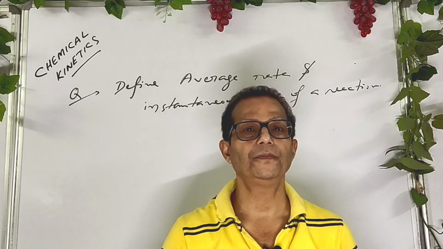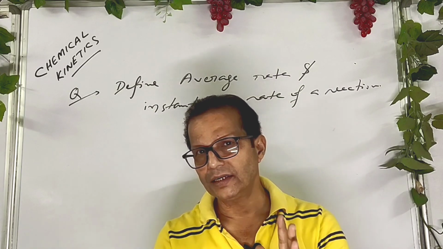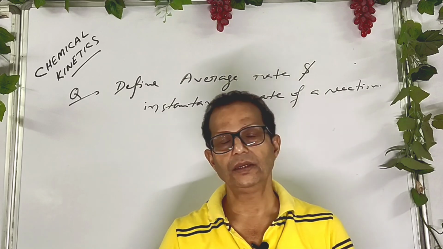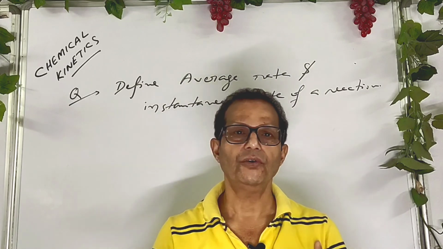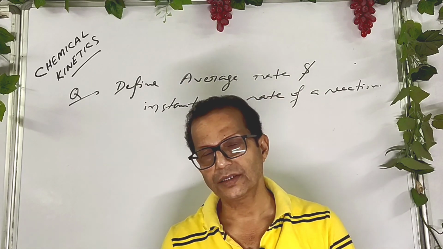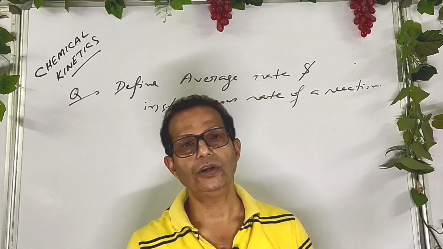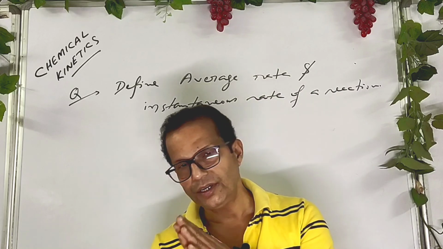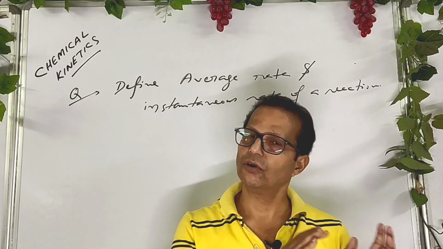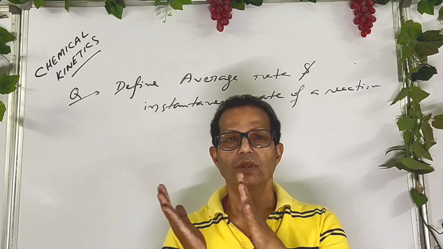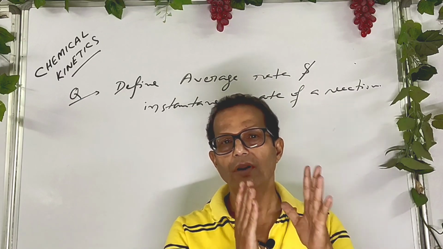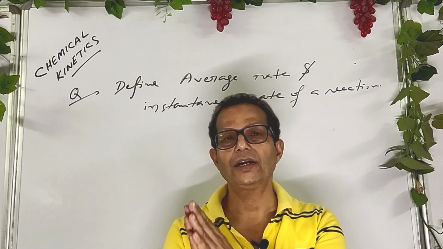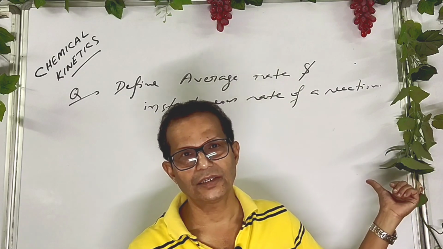But if you say after 2 minutes, what will be the rate? After 3 minutes, 4, 5, 6, 7, 8 minutes. So this is called instantaneous rate. Once again, say if the reaction takes 10 minutes to complete, say after 2, 3, 4 or any instant of time, the change of concentration of reactant or product is called instantaneous rate.